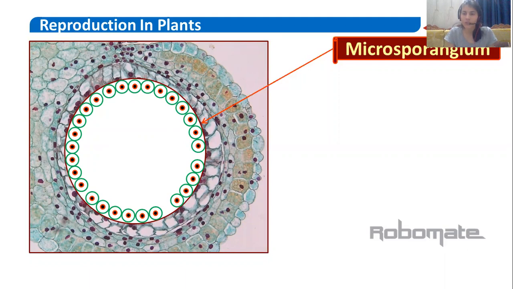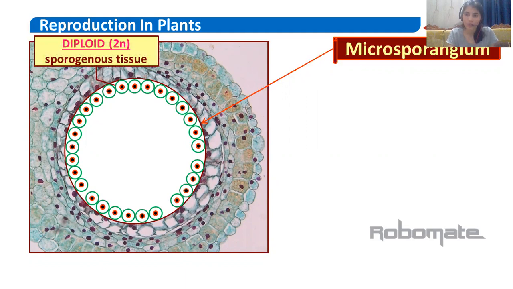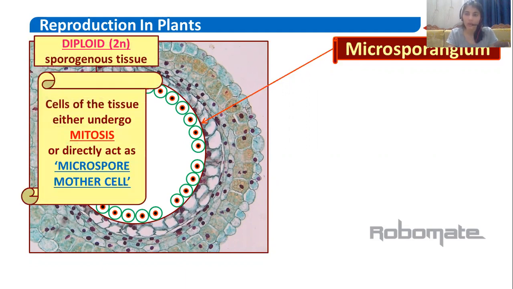Okay, so the microsporangium has a layer, that is the tapetum. Inside that tapetum there is sporogenous tissue. Now this sporogenous tissue is diploid, that is 2n. This sporogenous tissue contains the microspore mother cells that are diploid; as the name tells us, it is a mother cell, that's why it's diploid.